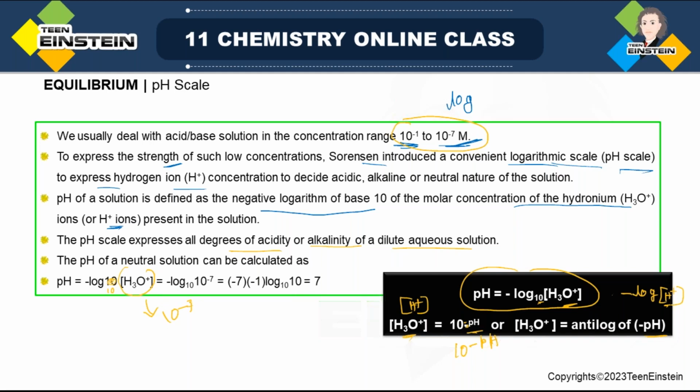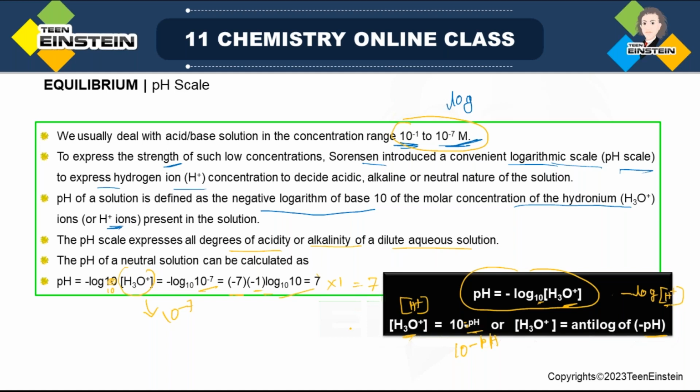So in place of the H3O plus concentration, we have written 10 to the power minus 7. When you take the log, this power of 10 will come before the log and it will be minus 7. There is already one negative sign, so two negative signs together will be positive, and log 10 is simply 1. So 7 into 1, ultimately the pH is 7.